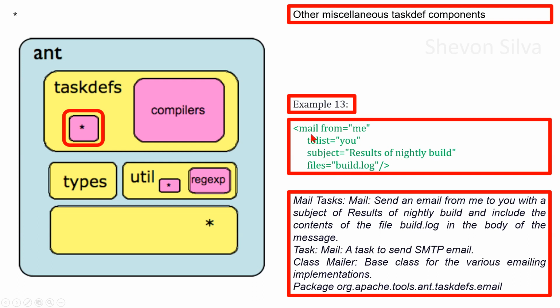The task mail, a task to send SMTP email. With regard to API, class mailer, base class for the various emailing implementations. This is in the package org.apache.tools.ant.taskdefs.email.